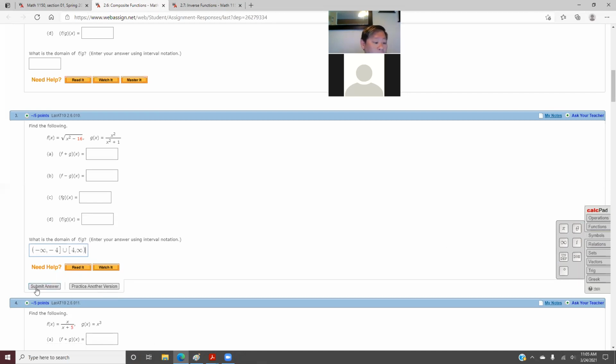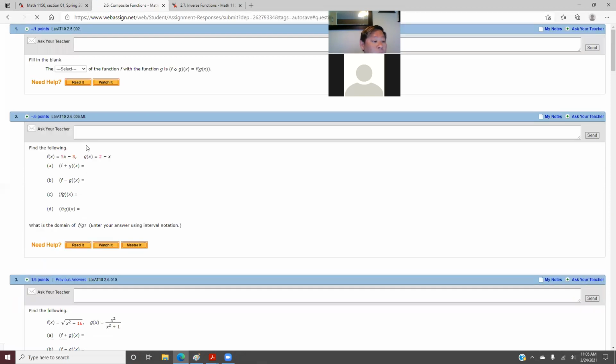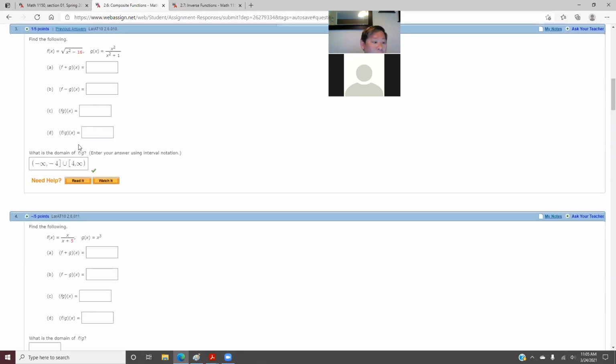So this is how you do the domain for this case. Every time you see a square root, the 16 is the one that is a perfect square. Usually the answer is either 4, 9, 16, or 25. They are perfect square numbers in this class to make things easier.